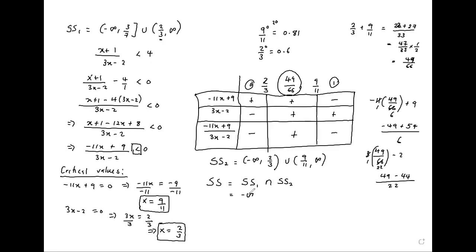It doesn't matter how I write them here, but because I've already put that order, we need negative infinity to 3/7, union 2/3 to infinity, intersection, negative infinity to 2/3, union 9/11 to infinity.